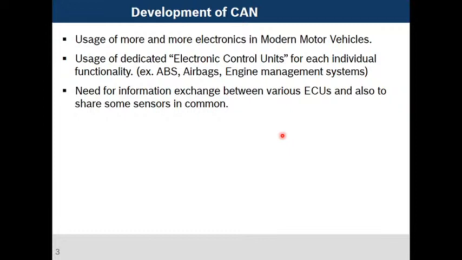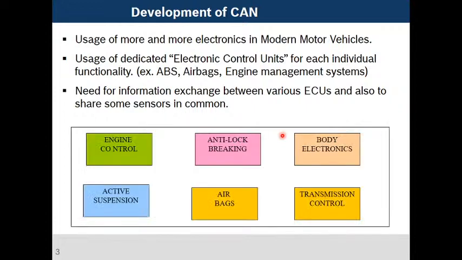So to communicate with different ECUs, or exchange data between various ECUs, we need a protocol system, a standard form, or a bus. That's why we are going for CAN. We have a lot of advantages with CAN, which we will come to later.